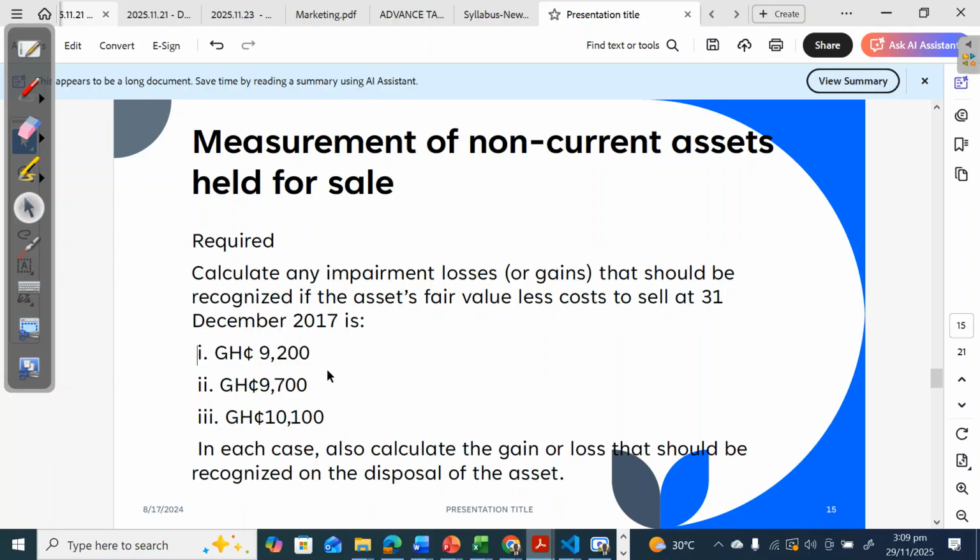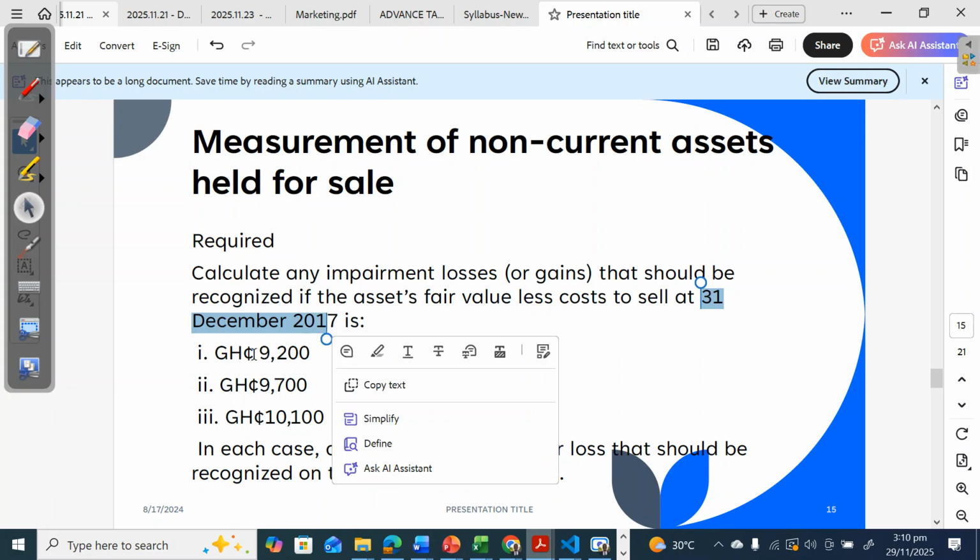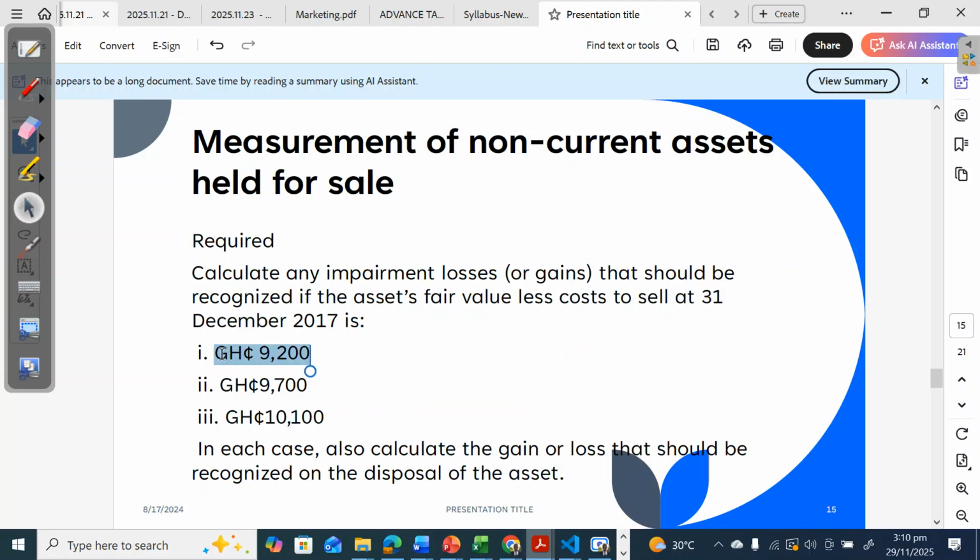Like I said, if the asset has not been sold yet, we have to keep updating the fair value until we sell it. At 31st December 2017, we had not sold it yet because we sold it the following year. These are the fair values in different scenarios.